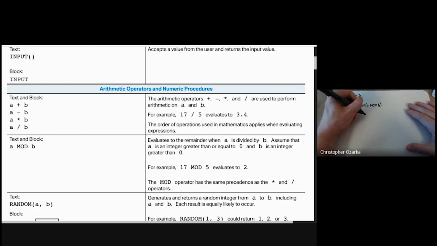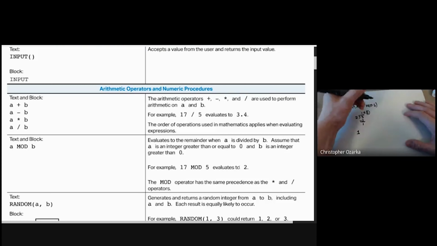So if you actually did 3 divided by 2 with long division, you have to think, how many times does 2 go into 3? So you put a 1 here, it goes into it 1 time, and then you put a 2 here and subtract. 3 minus 2 is 1. That's the remainder because you can't divide that out. So the remainder here is 1. The answer for A mod B would be 1. It's whatever the remainder is, okay?